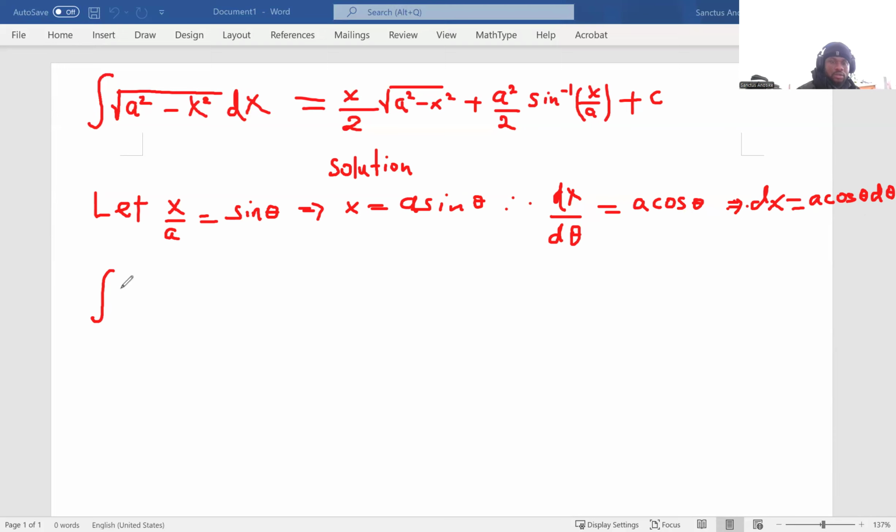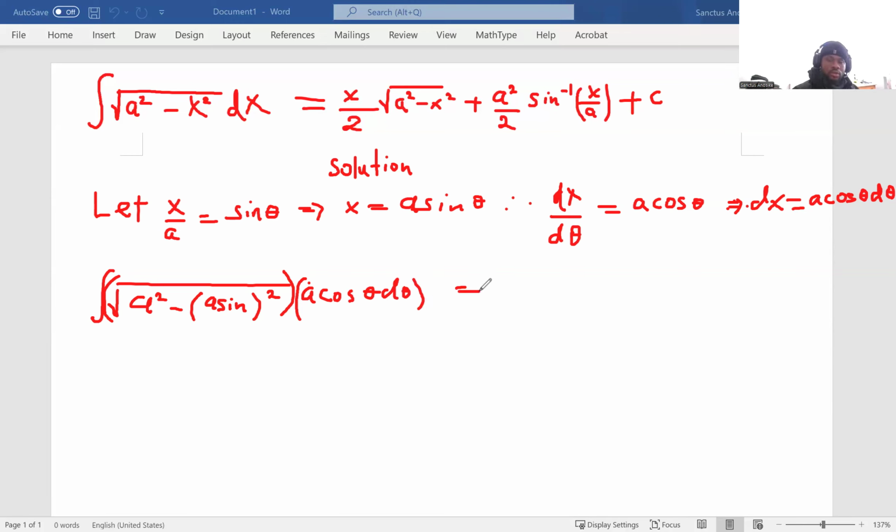We have the square root of a squared minus the bracket of a sine theta all squared, dx. So our dx is a cos theta d theta.